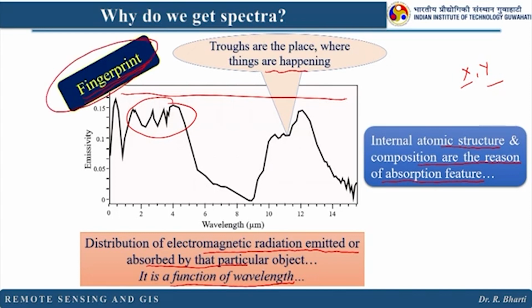Remember, these spectral signatures are unique for all the materials present in our world, even on other planets. These are unique information and can be used as a fingerprint to identify those materials or objects. I hope this is clear to you.